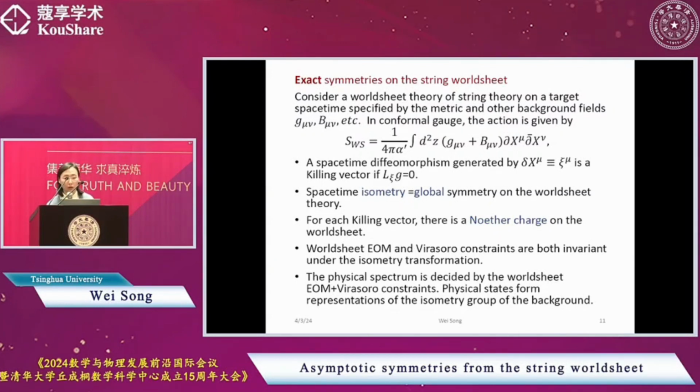Basically the string spectrum is determined by the equations of motion and the Virasoro constraints. This is about exact symmetries on the string worldsheet.